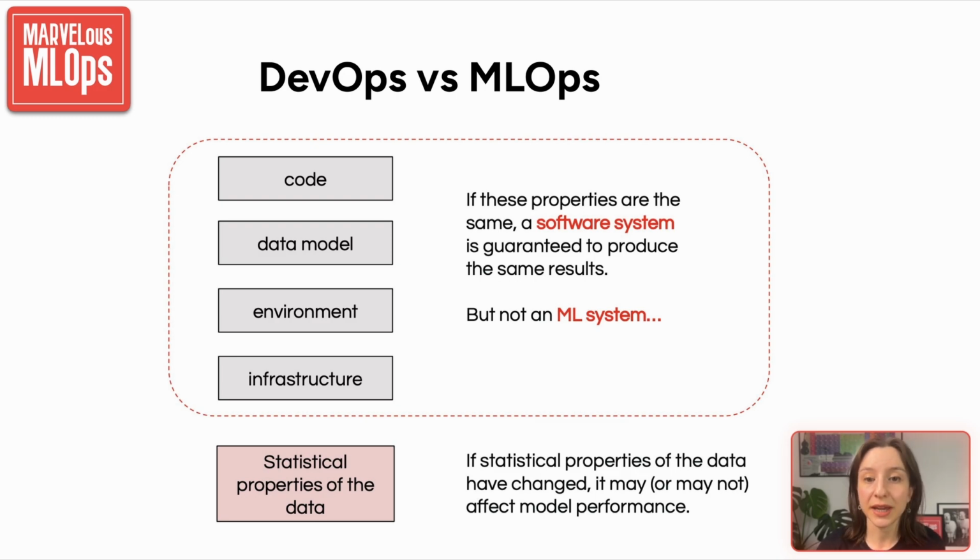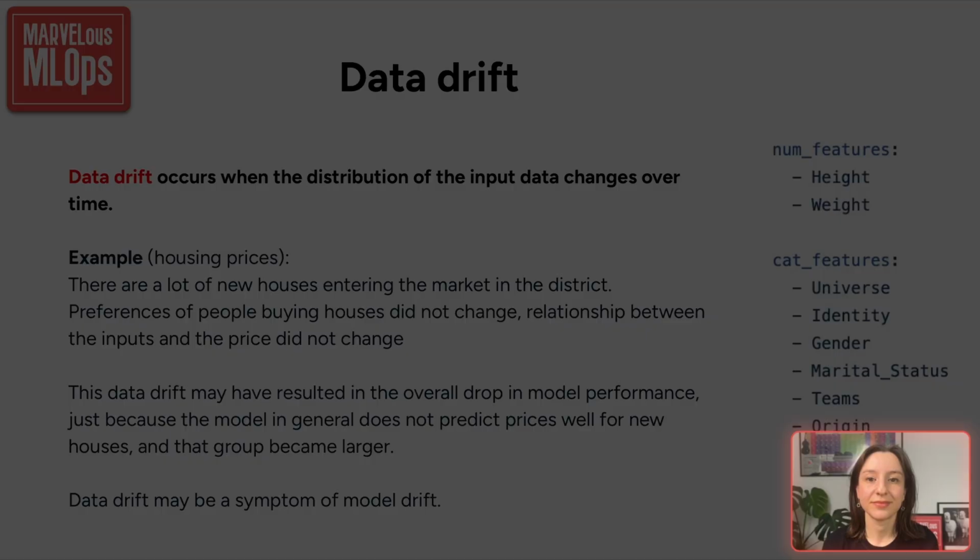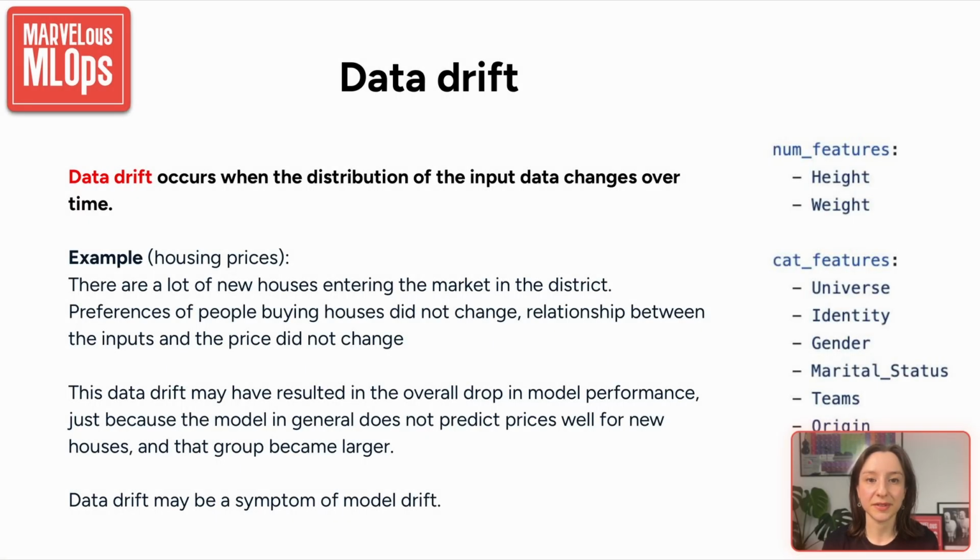So if user behavior shifts, or there are seasonality changes, or if upstream data pipelines start emitting slightly different distributions, your model might start underperforming. This is why MLOps introduces new challenges that don't exist in traditional DevOps. We are not just monitoring the system components, we are also monitoring data drift, model drift, and the health of statistical assumptions.